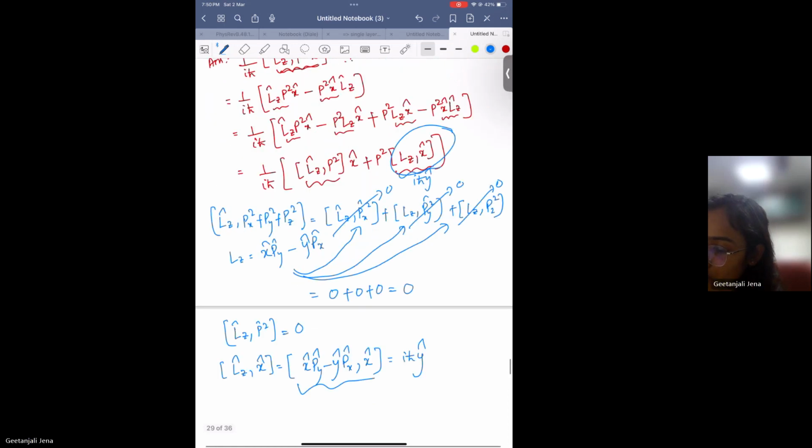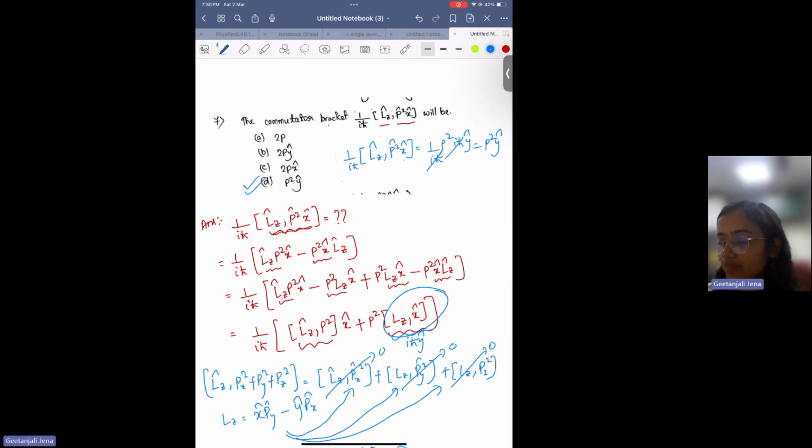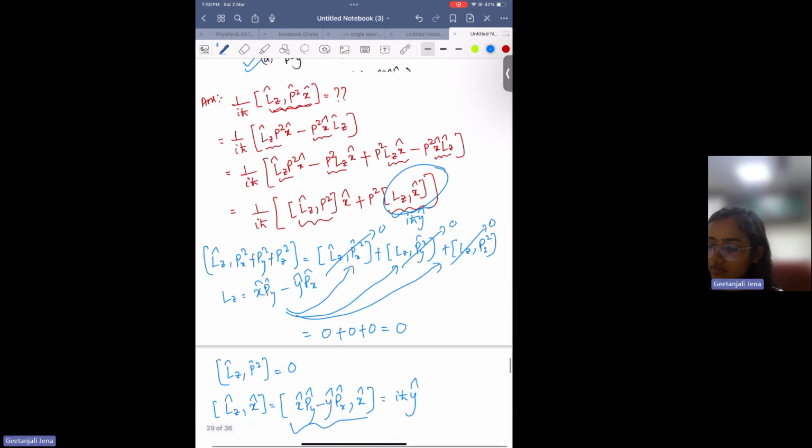That means what is given to us, 1 by iħ, Lz with Px square, equals 1 by iħ, P square times iħ y. The iħ will cancel. We will have Py square. The answer will be D. So this is based on commutation relation.